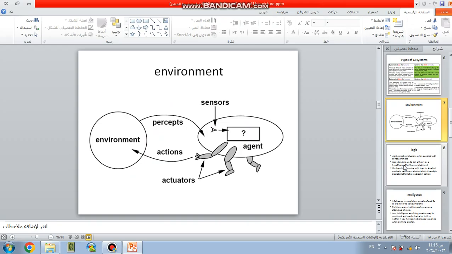We have information. Okay, what's the difference between data and information? Data is the raw material, but it's not everything. It's not useful. It's only what I collected.